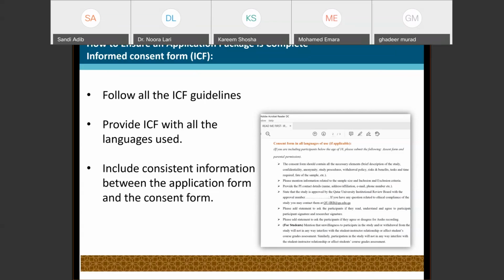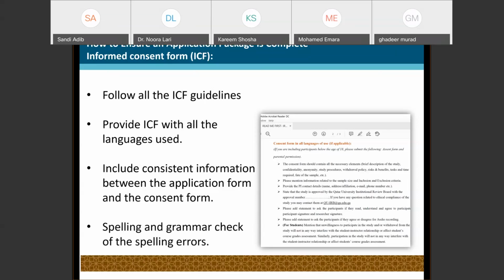Sometimes also the title of your project is not consistent in all the documents. So please make sure to spend time to ensure the consistency of the information among all the documents that you are submitting.